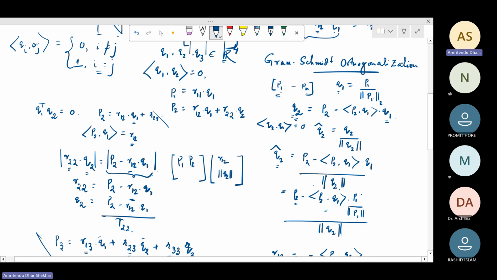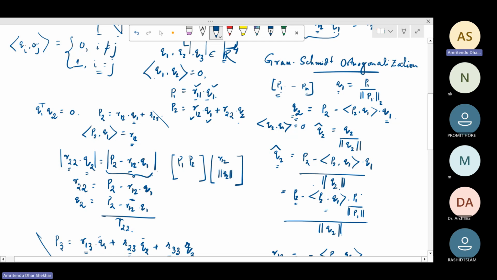Okay. Now you have to solve for these things. So you know that the norm of this is 1. You have to basically solve for R11, Q1, R12, Q1. You have to solve for each of these variables. And when you solve for each of these variables, that will give you your Q and R respectively.